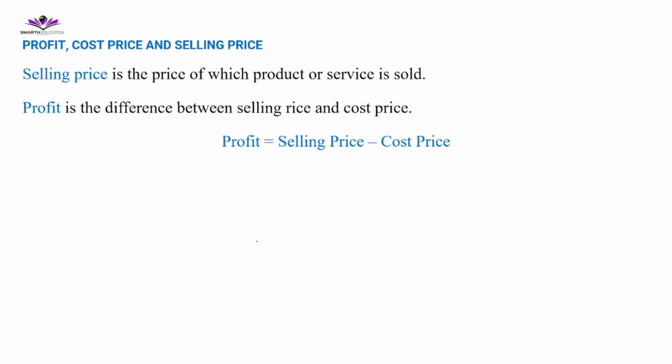And then from this, we can get the formula for selling price and the formula for cost price. You just make the selling price the subject of the formula, or you make the cost price the subject of the formula. Like the selling price, if we add the cost price on both sides of the equation there, it's going to be cost price plus profit. Okay, and then what about the cost price?